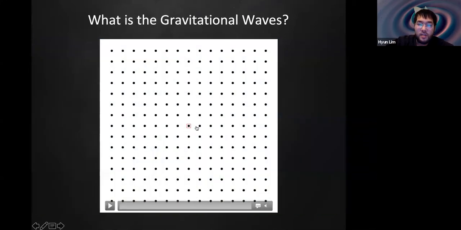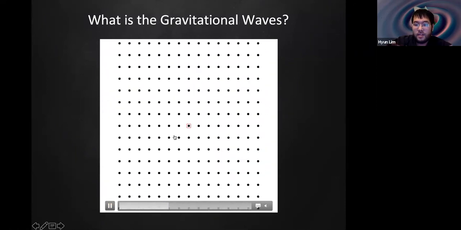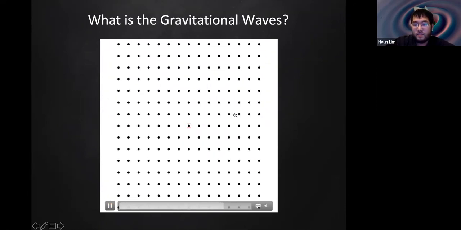Think of this one point as the black mark, and once it has some movement or action, then space-time itself squeezes and stretches.